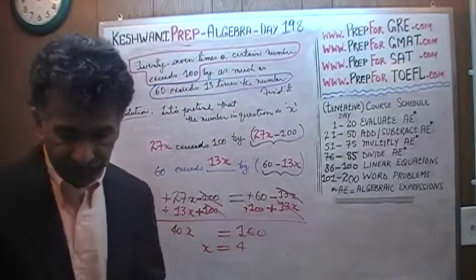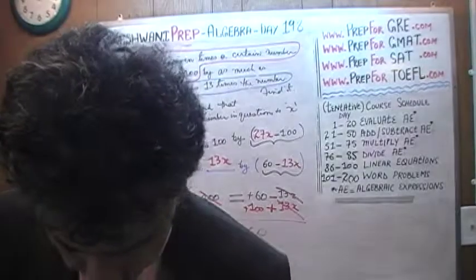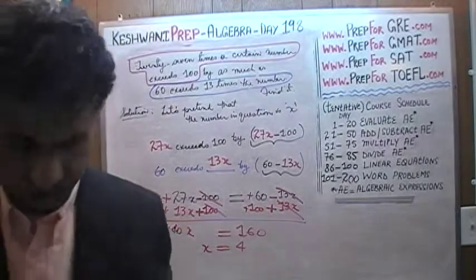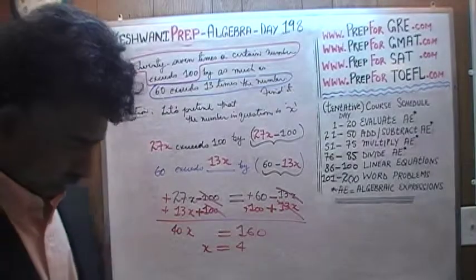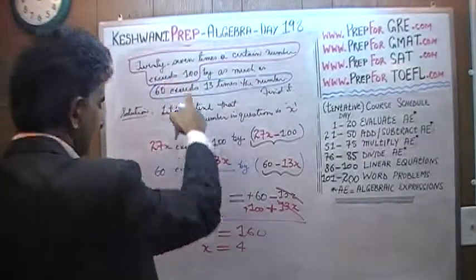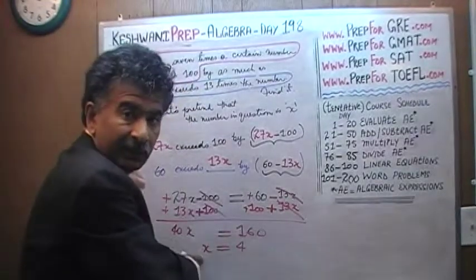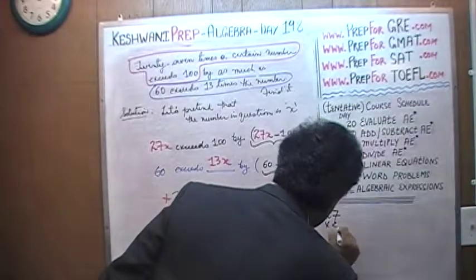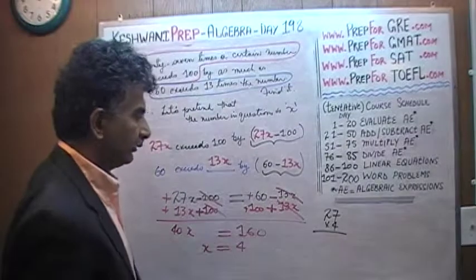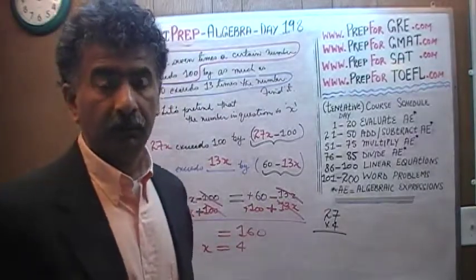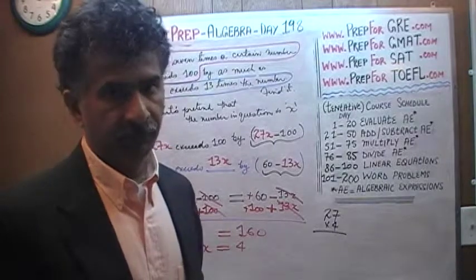We're going to quickly verify this to make sure that what we have done is in fact correct. So 27 times a certain quantity which turns out to be 4 is how much? Well, I don't know how much 27 times 4 is. I don't go around memorizing it. I do know that 25 times 4 is 100.